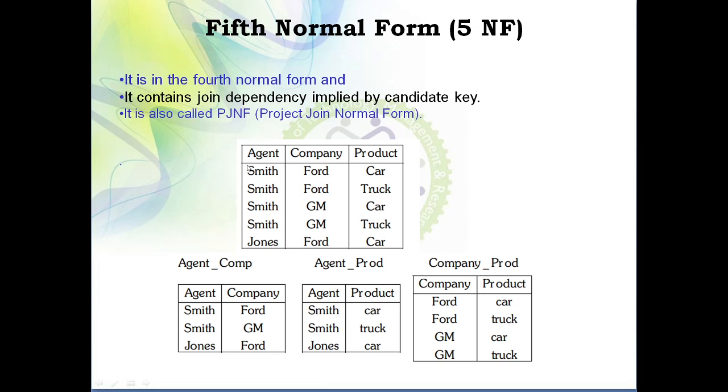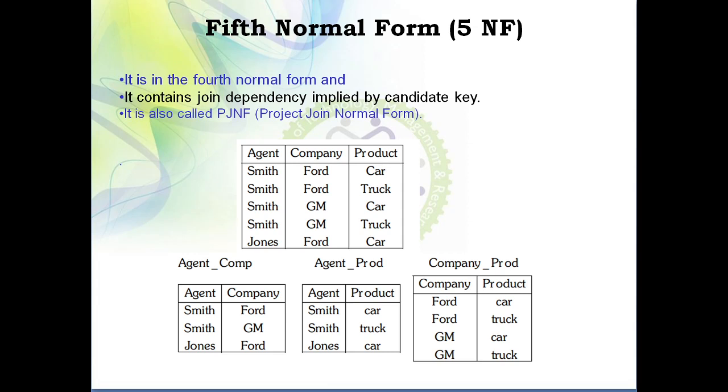Suppose I decompose this one table into three subtables. After joining these three subtables, suppose I get this original table back, then I can say that this table is in fifth normal form. Why? Because it has what kind of dependency? Joint dependency.